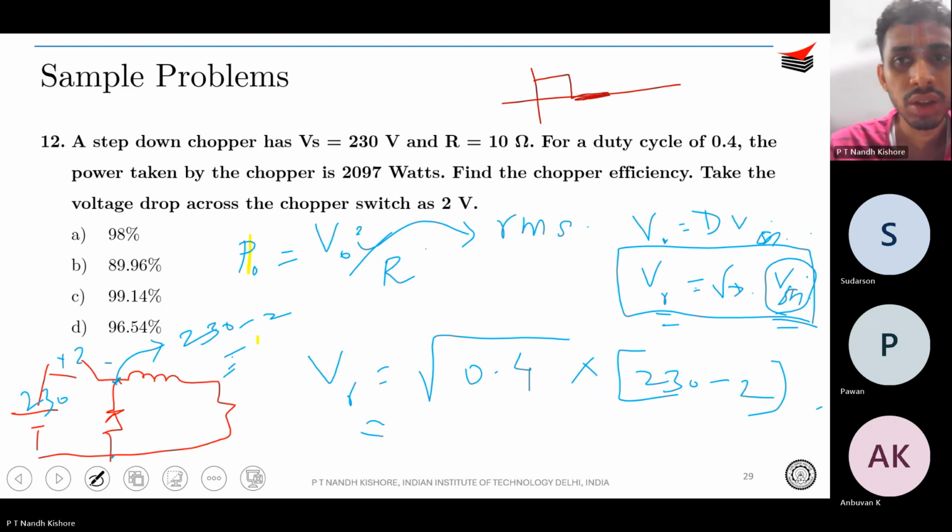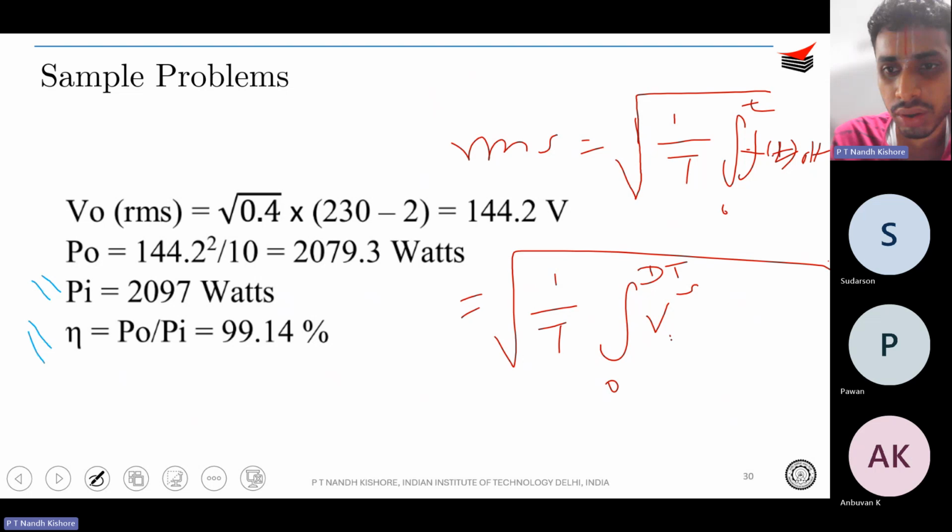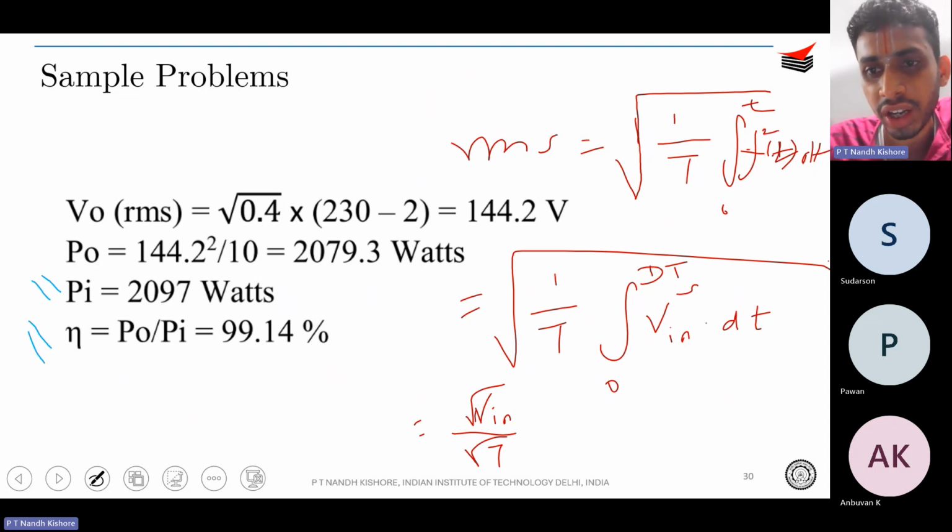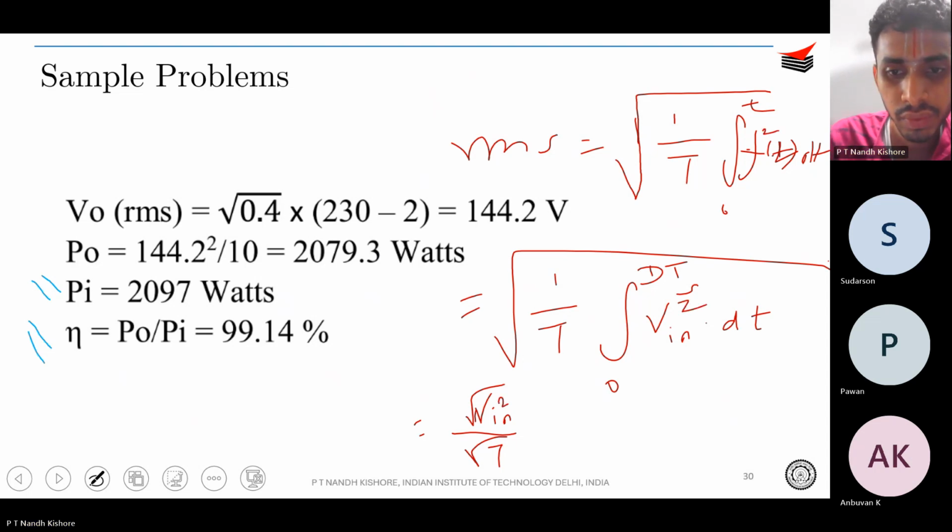Therefore, it is V in. So root over 1 by T integral of f square of t dt gives Vin square into root over D.